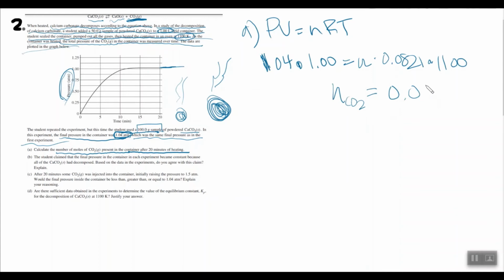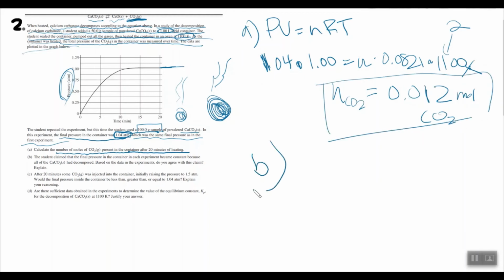I'll say 3 sig figs. Actually 2 sig figs, since there's no dot after that. Since there's no dot after that, this has 2 sig figs, and therefore our answer should have 2 sig figs. So I'll write that. So 0.012 moles of CO2 gas. There you go.